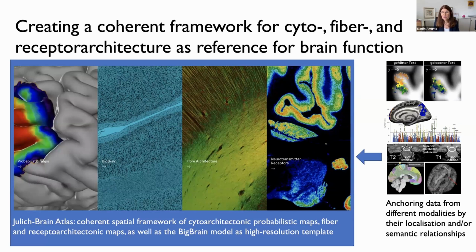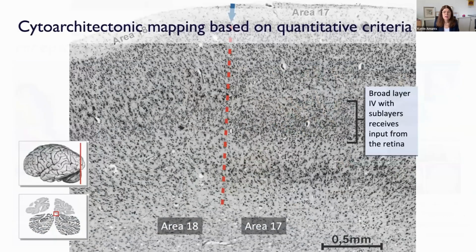Also, all these different methods have been acquired in different brains, which differ also between each other in their macro and in their micro anatomy. We start from the cytoarchitecture, and this is again another picture of cytoarchitecture coming from area 17.